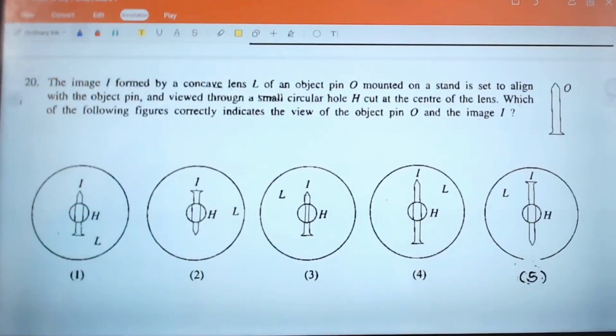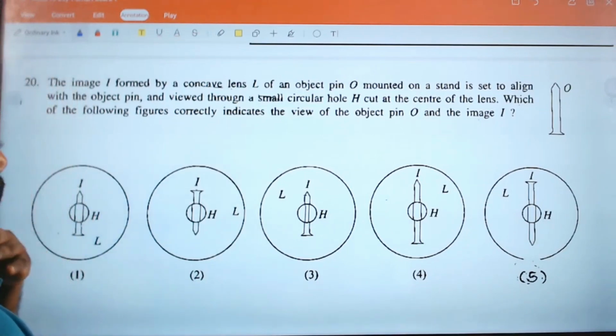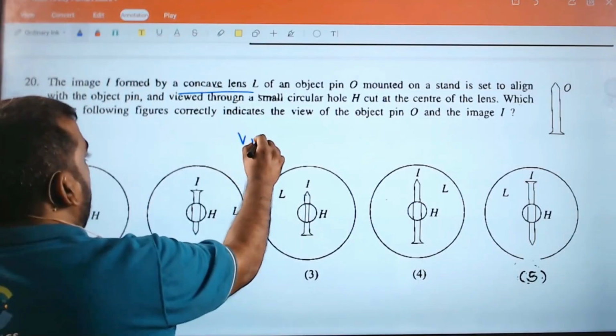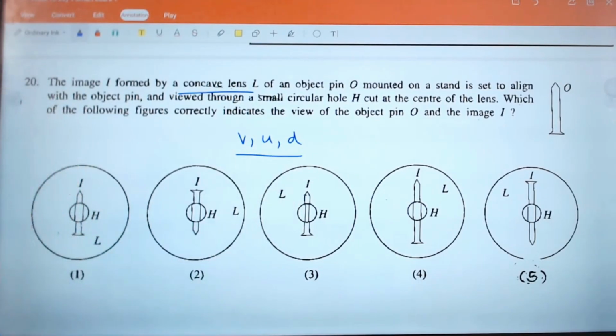Question number 20. Image I formed by a concave lens L of an object pin O mounted on a stand. Concave lens means you get virtual, upright, diminished images. So this is diminished, upright.